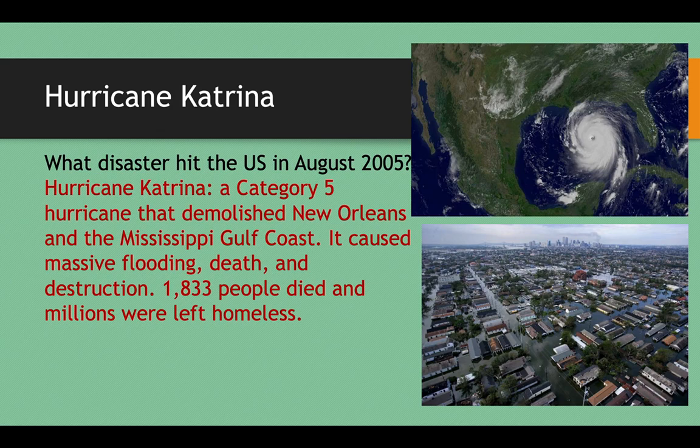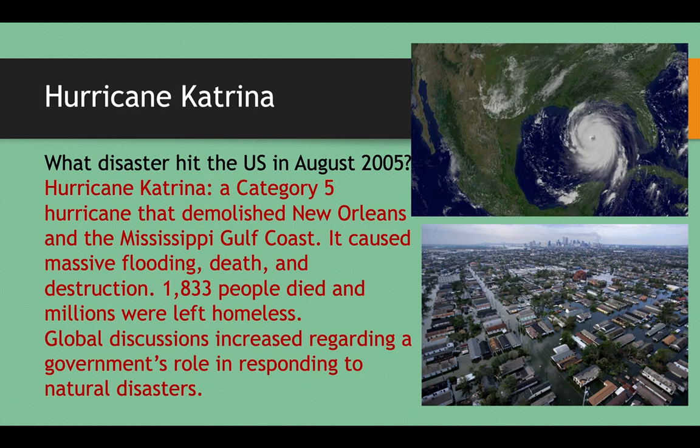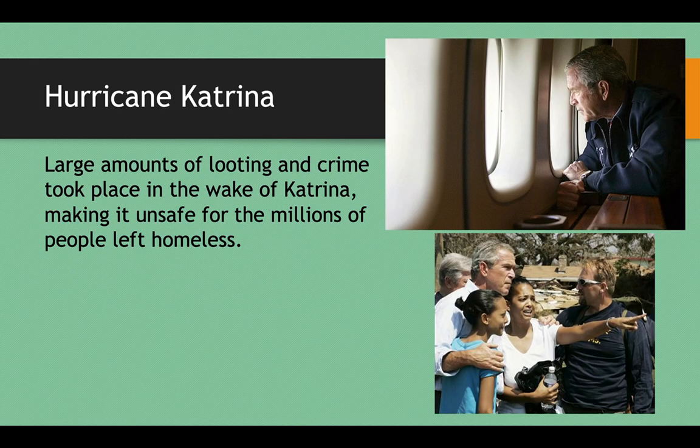In total, 1,833 people died, and millions were left homeless afterwards. This led to global discussions regarding a government's role in responding to natural disasters, because after Katrina, a lot of people felt that the federal government did not do enough to help the suffering people in New Orleans fast enough when they needed it.